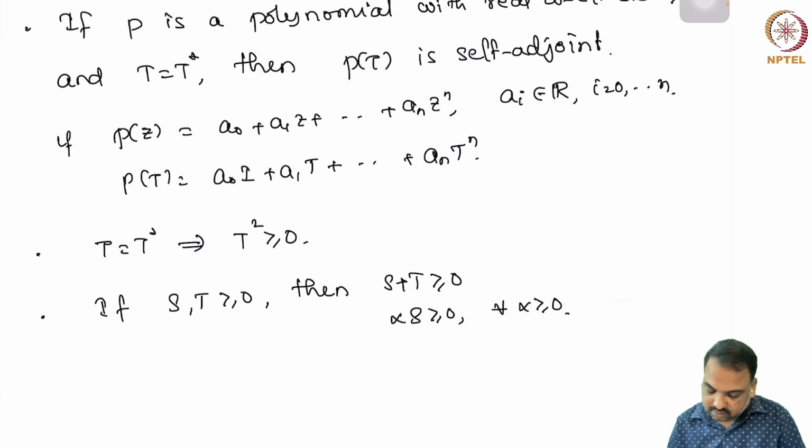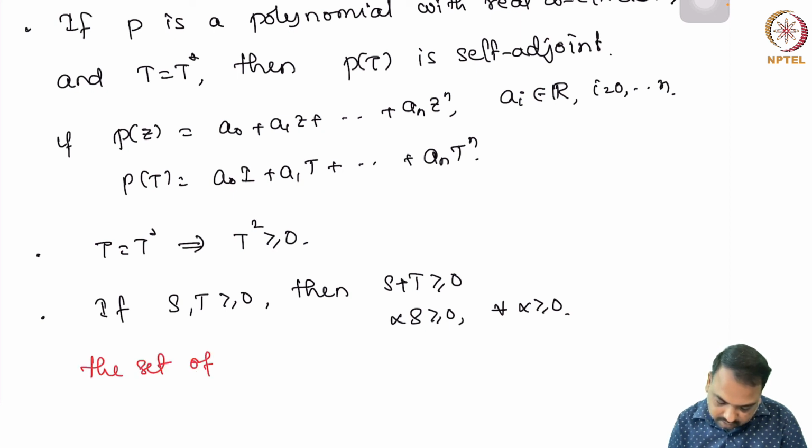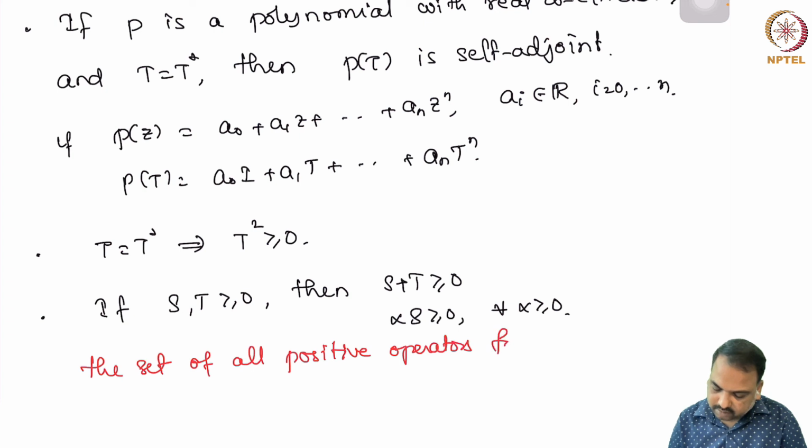So from these two observations, we can say that the set of all positive operators forms a positive cone in B(H).